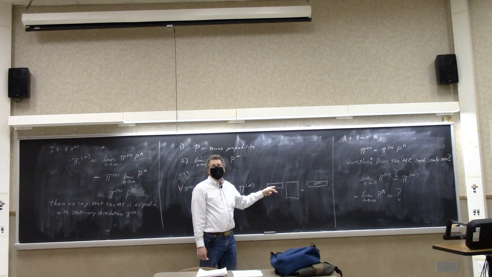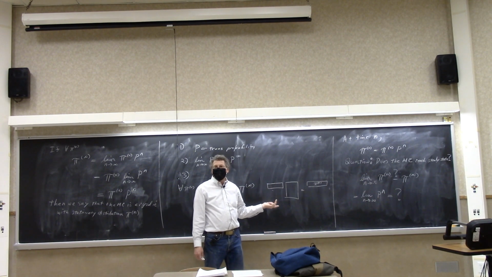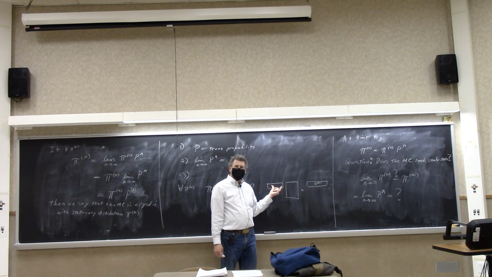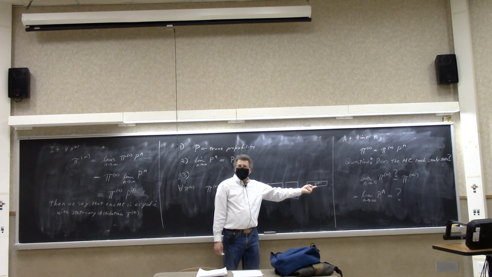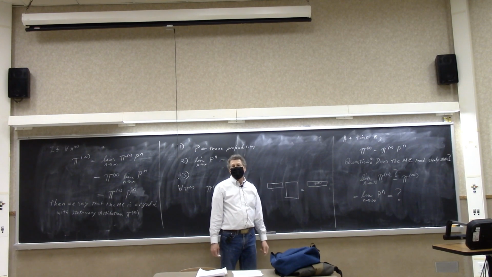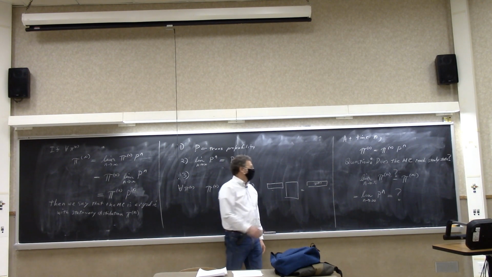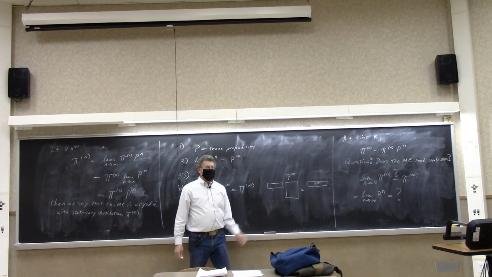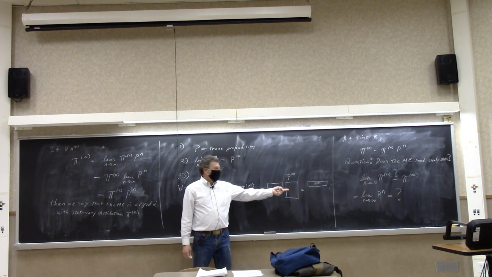The values in it have to be non-negative and they have to sum to 1, because it's a probability distribution. Now, I'm saying no matter how I pick this, I always get the same thing. So what does that tell me about P infinity?